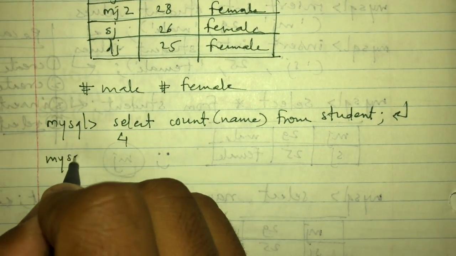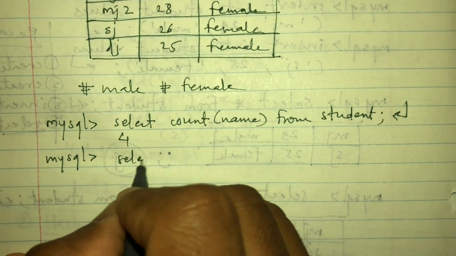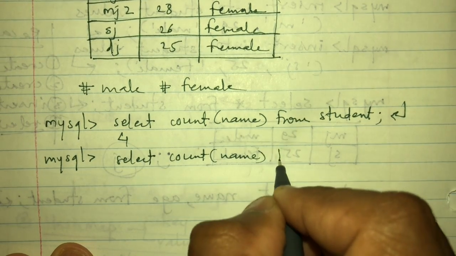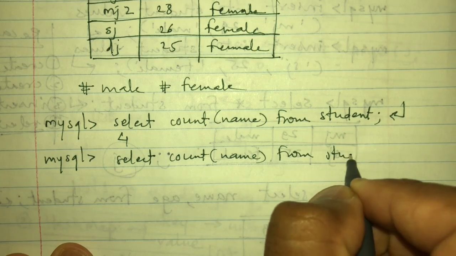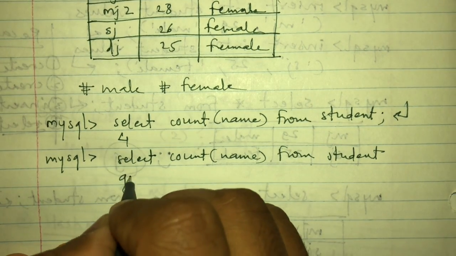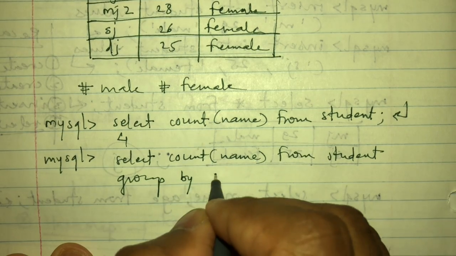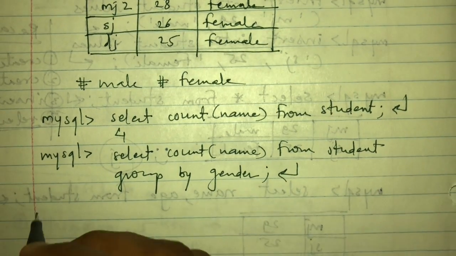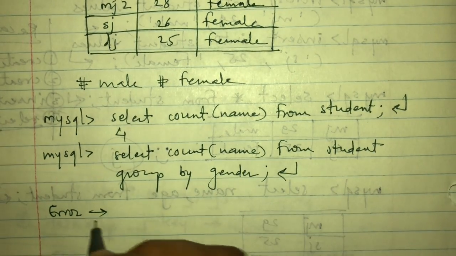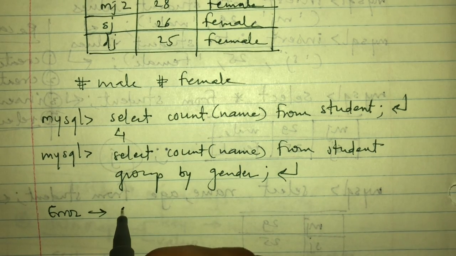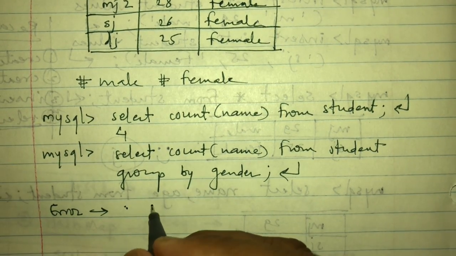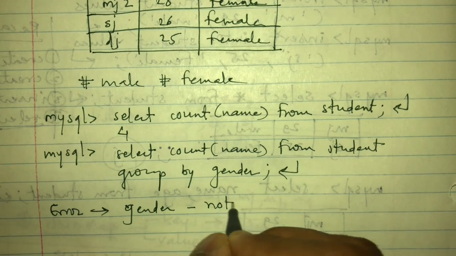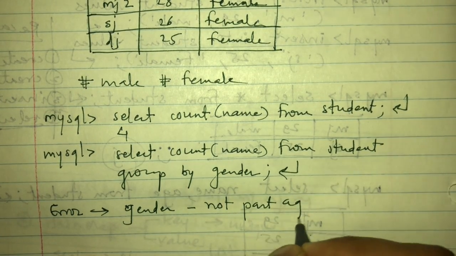So let's say I said group by, right? If I run a query like this, select count of name from student group by gender, and if I run this query, I will get an error message saying the column gender is not part of an aggregation, or not aggregated, something like that.